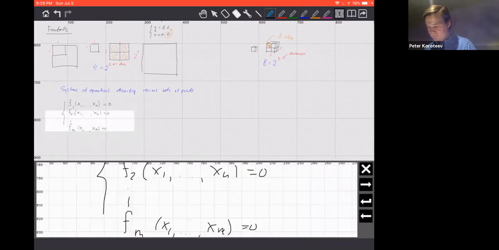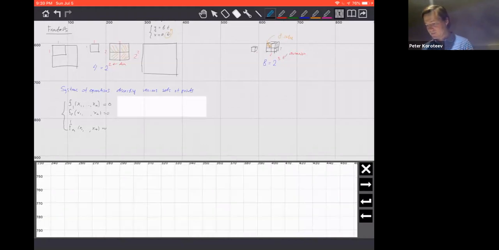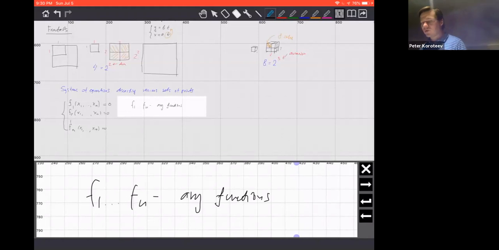So there is a set of equations like that. In principle, these f1 through fm can be any functions, exponentials, for example, or logarithms, or polynomials.